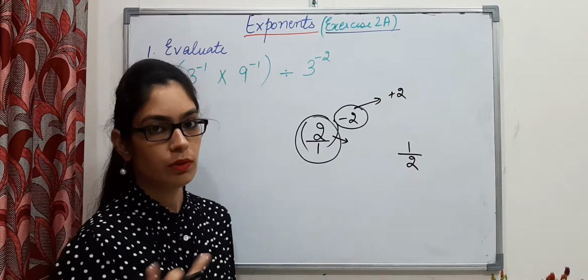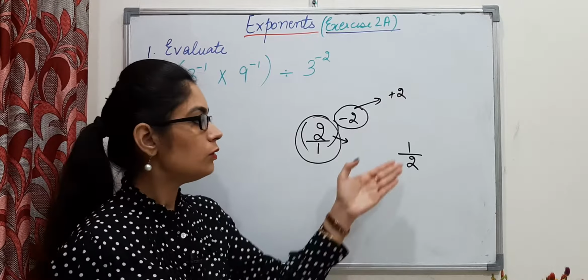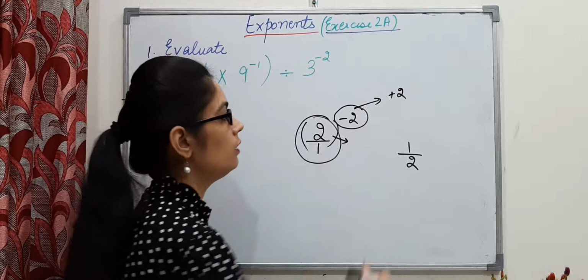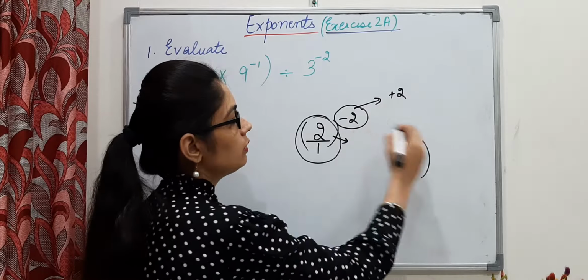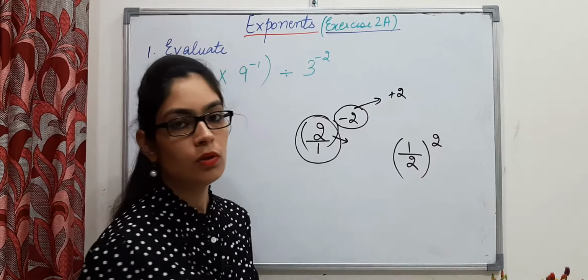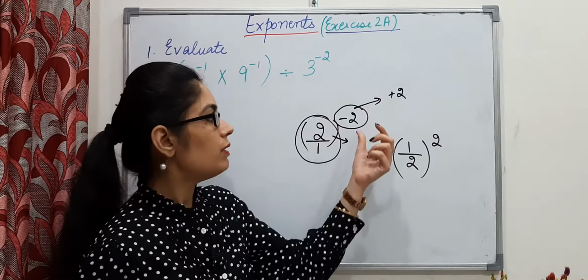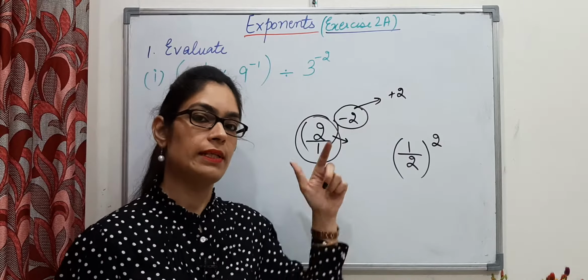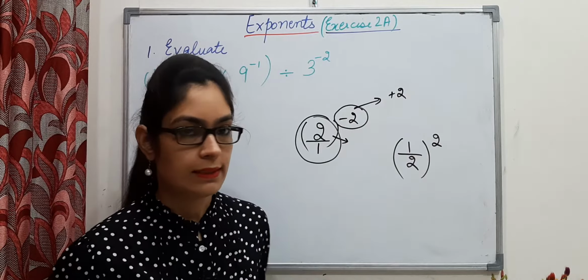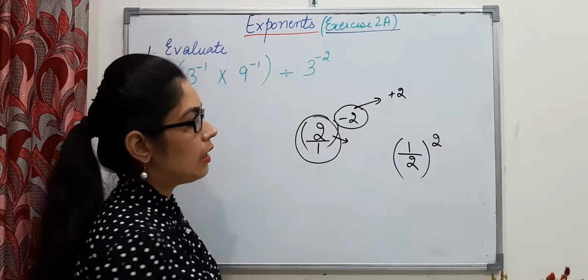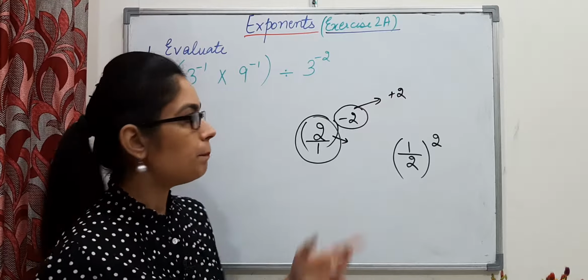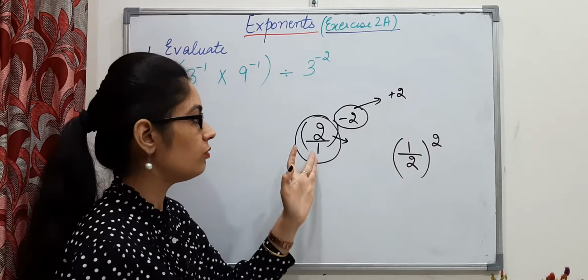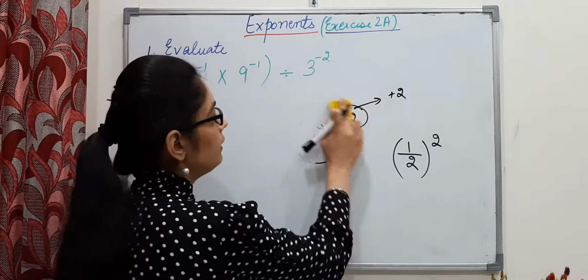Reciprocal means the numerator will be changed to denominator and the denominator will be changed to numerator. If we do the reciprocal, its power will be changed to the opposite sign. If the power is negative, it will be changed to positive; if it is positive, it will be changed to negative. So this is how we can make the power positive if the power is negative, by doing the reciprocal of the base. Now let's start the question.